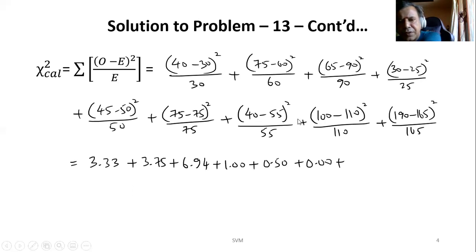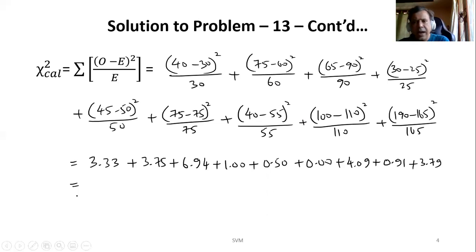Negative 15 means 225. 225 by 55, we get 4.09. Then the next negative 10, the square is 100. 100 by 110, we get 0.91. Then the last, which is 25 square. 25 square is 625. 625 by 165. We get 3.79. I'm rounding off everything to 2 digits.